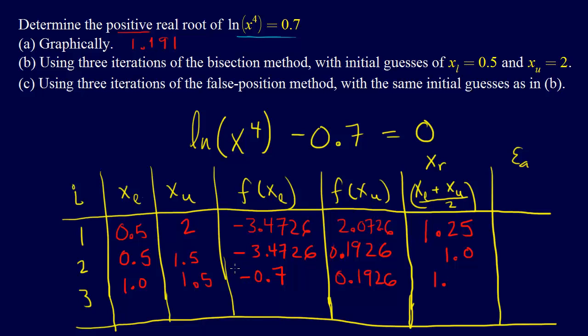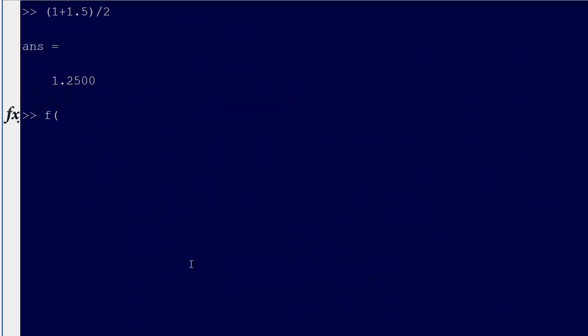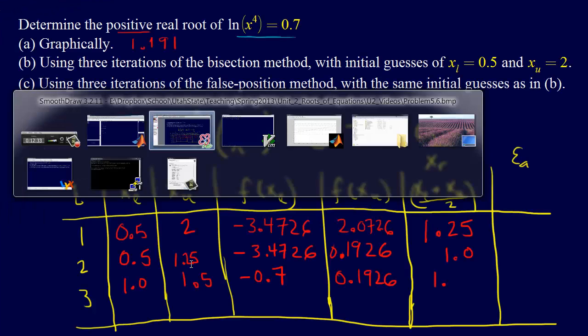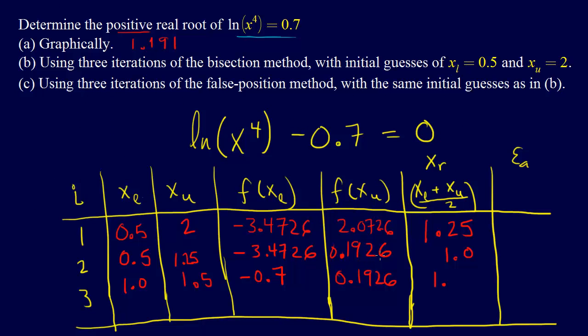I see what I did wrong. Sheesh, I can't do one of these problems without doing something wrong. Our upper has to be 1.25, not 1.5. Let's go f of 1.25. That's 0.1926. Oh, okay, so I had the right value here, I just didn't write in the right value there.